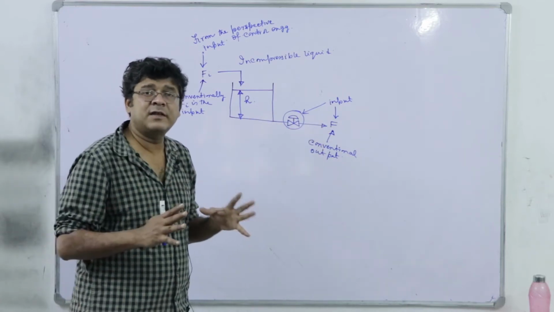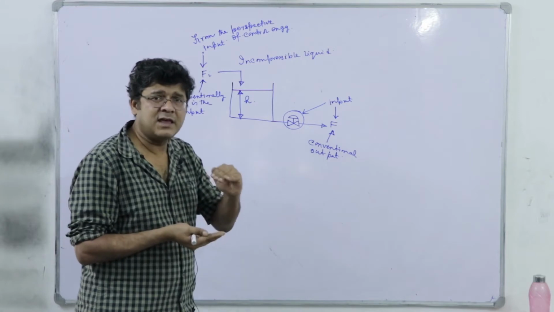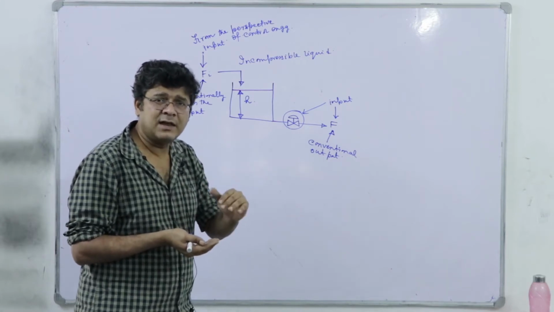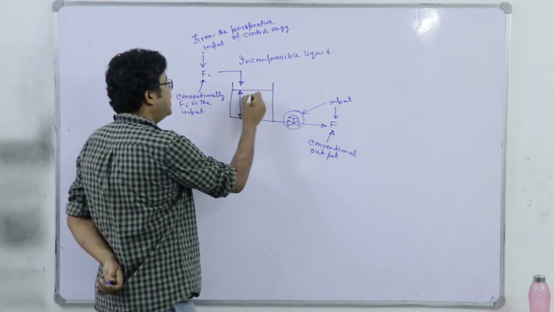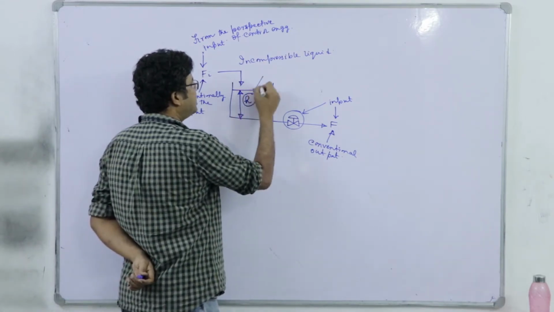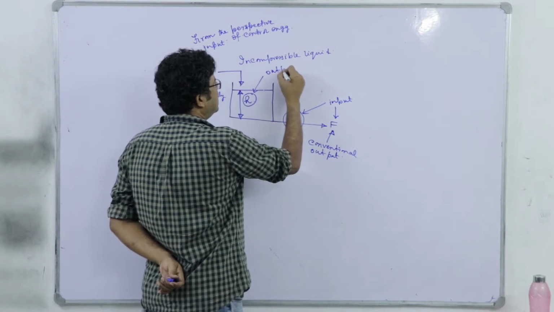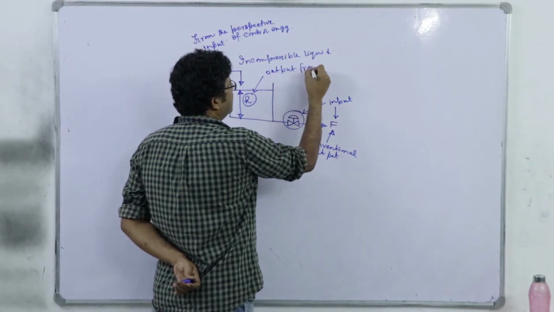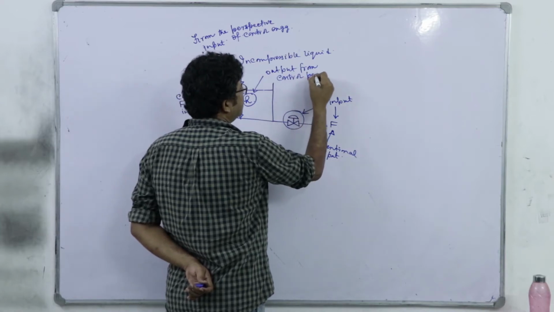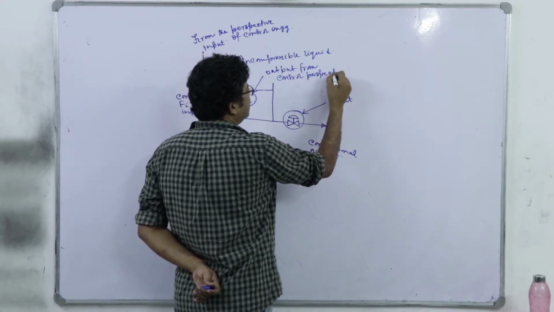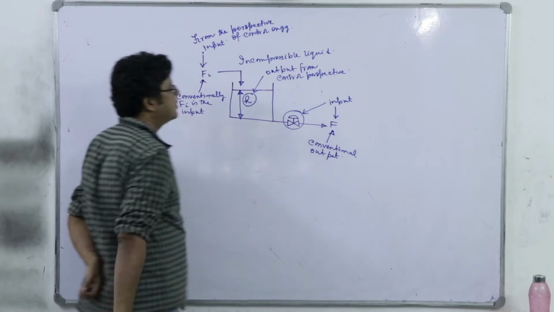So state of the system, the state variables, will be regarded as an output of that system. So H is the output from the control perspective, right.